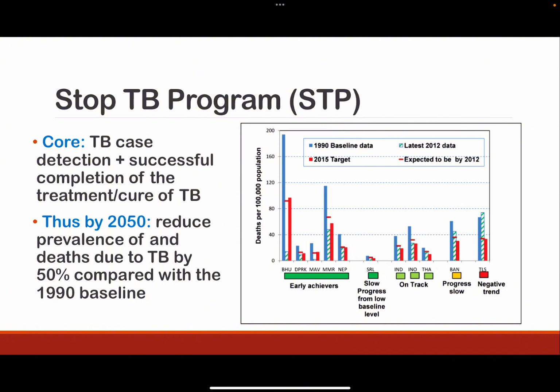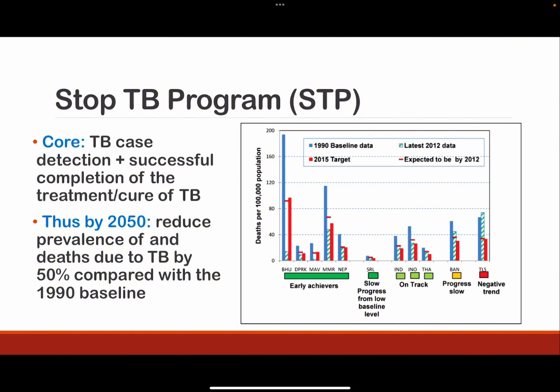So we have the core of this program. There should be TB case detection, so that when a person gets tested, it is really detected that they have TB and they are not missed, plus successful completion of the treatment and eventually the cure of TB.